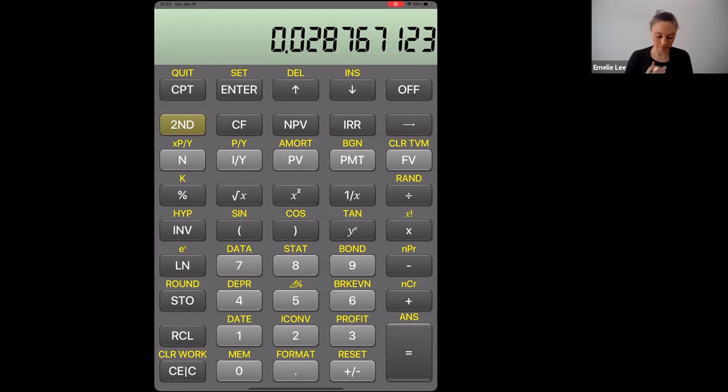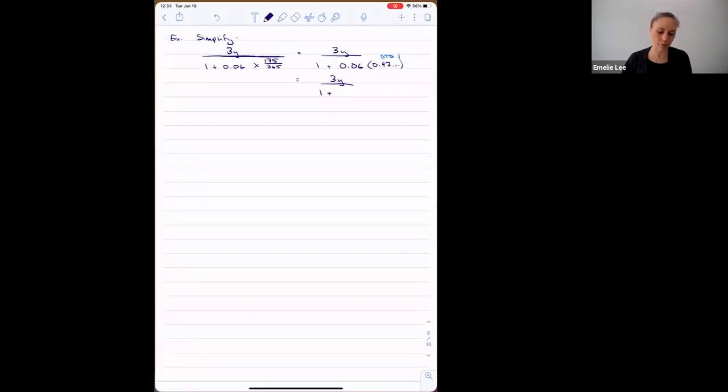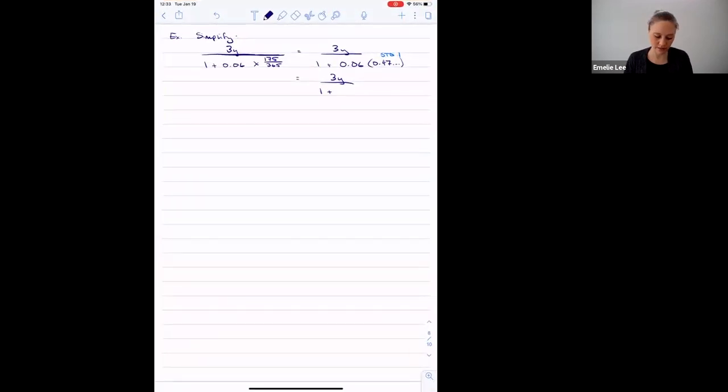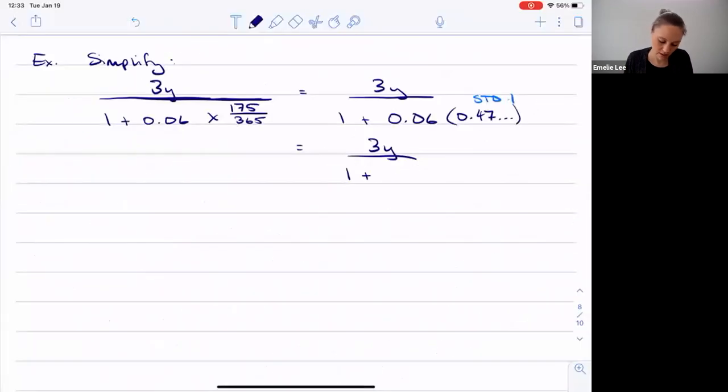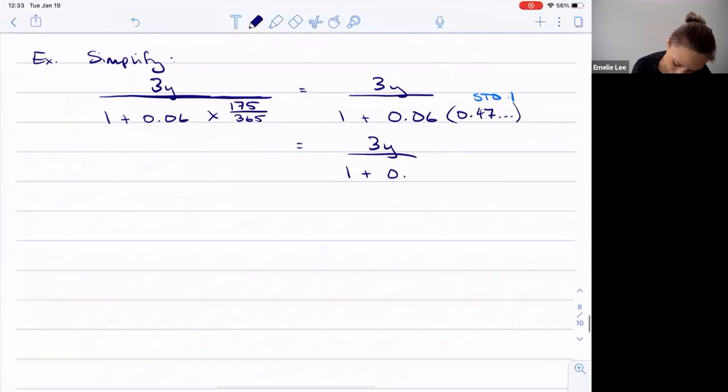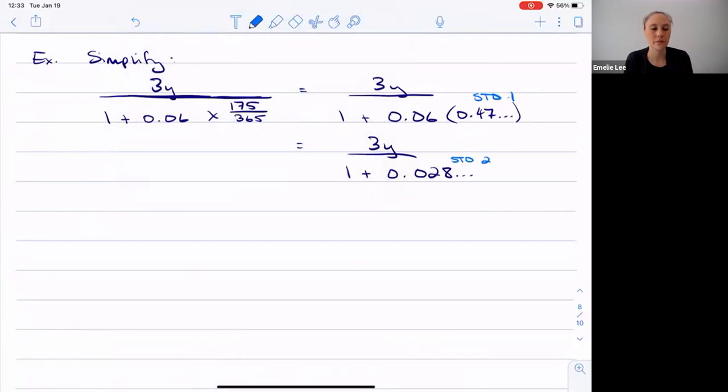So at least for each problem, I like to store in different values. So this becomes 0.028 dot, dot, dot, and I'll write in a different color to highlight that's in store 2. Okay.